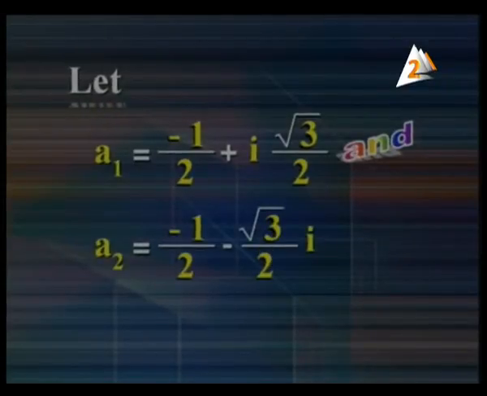Another proof. Let a1 equal negative 1/2 plus i root 3/2, a complex number, and a2 equal negative 1/2 minus root 3/2 i. Look, dear student, a1 is the conjugate of a2.